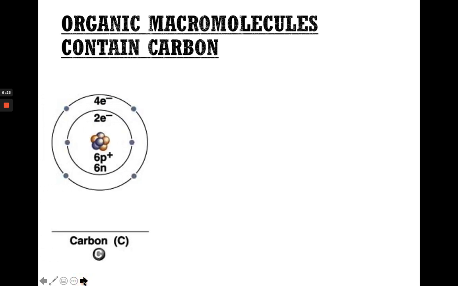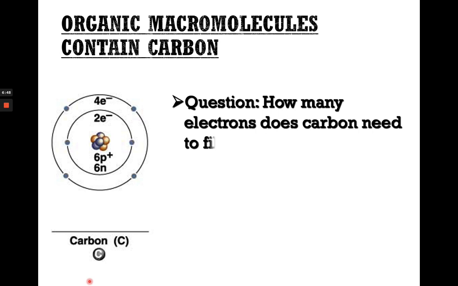Okay, so organic macromolecules, they all contain carbon, all of them. So when we talk about proteins, carbohydrates, and lipids, and nucleic acids, all of them contain carbon in their structures. So here is a Bohr-Rutherford diagram of carbon, and it says how many electrons does carbon need to fill its outer energy level?